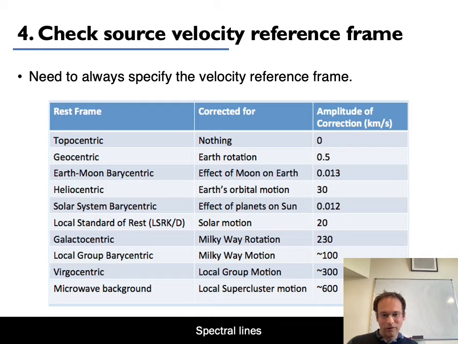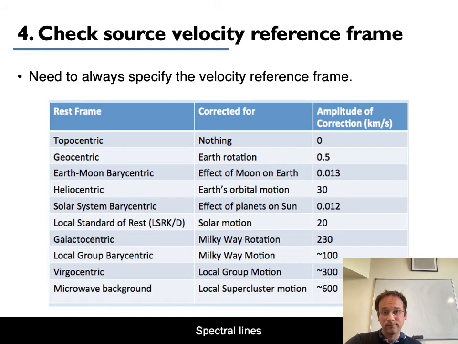This is a local standard near to the sun in the Milky Way that is adopted as the reference frame with which all velocities of other parts of the Milky Way are measured. For extragalactic work, people tend to use the heliocenter or the solar system barycenter, which is just the center of mass, or center of momentum, of the solar system.